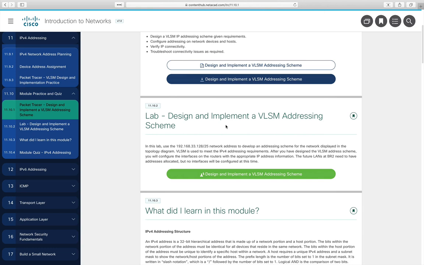However, if you were in class doing this on real equipment, you might do the lab instead of the Packet Tracer. So I probably will not be assigning this, but you should probably still at least glance over it to see what the purpose is of the lab.